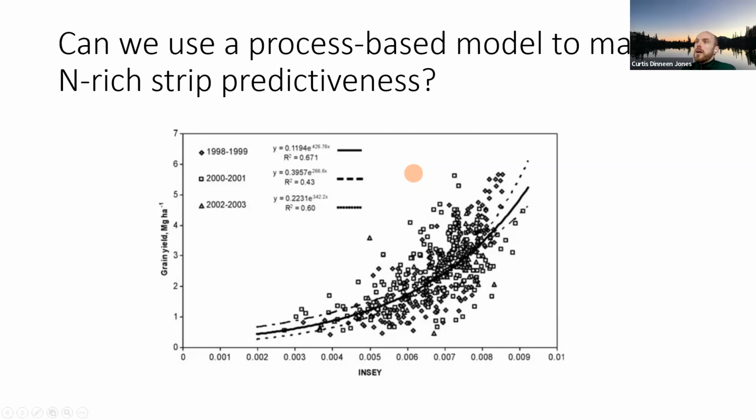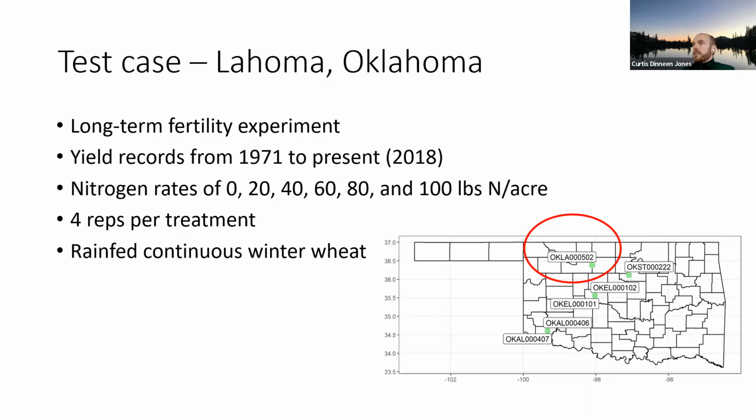Here it shows pretty good correlations across sites and across a few different years. We're curious if we would be able to match that type of predictiveness.